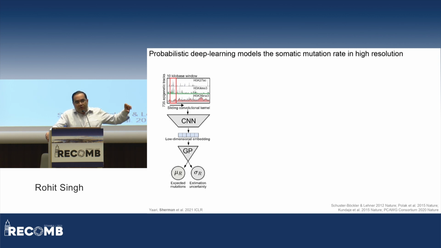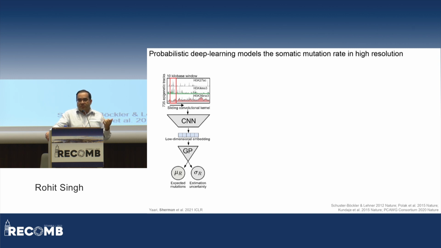So for a particular region of the genome, you can think of it as a sequence, and they have access to 735 epigenetic features. So you can think of it as a sequence with 735 channels. That is put into this convolutional neural network, and the resolution parameter controls sort of the kernel size of the convolution.